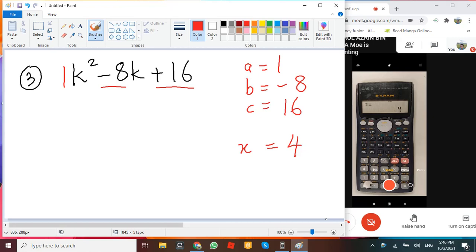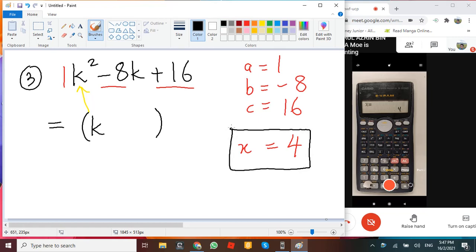The answer is like this. We write equal here. We write the variable. This time only one x, so we just write one bracket only. However, we didn't write x, but we write k because the variable is k. So k, and then we focus on this one.